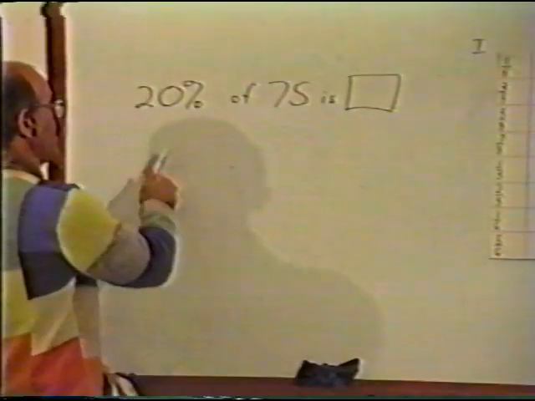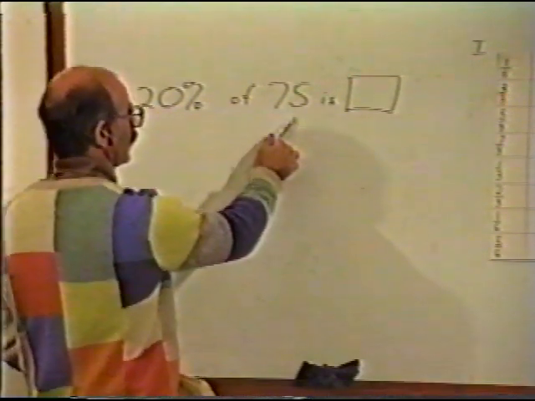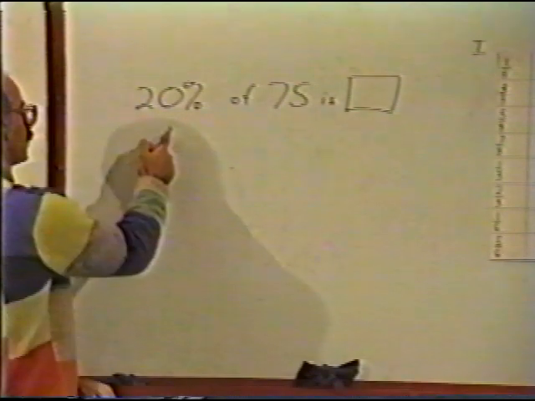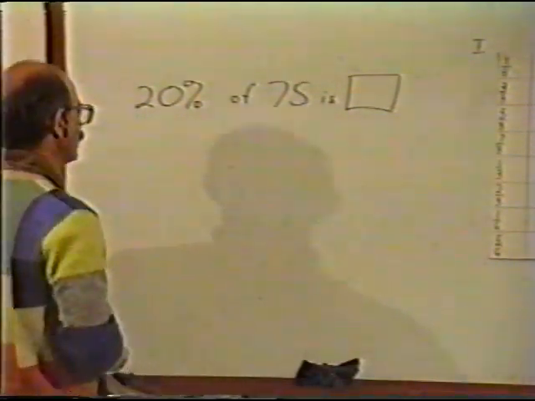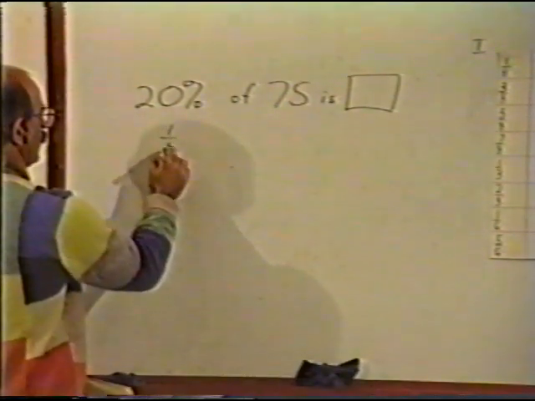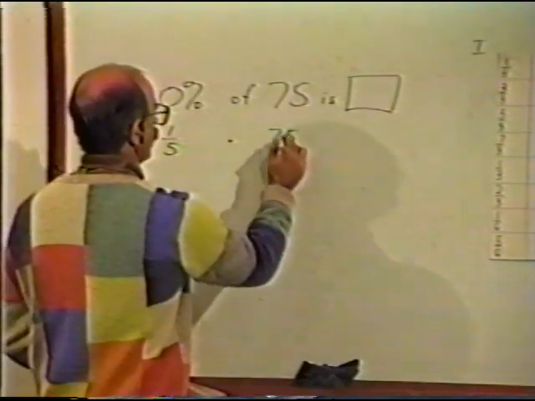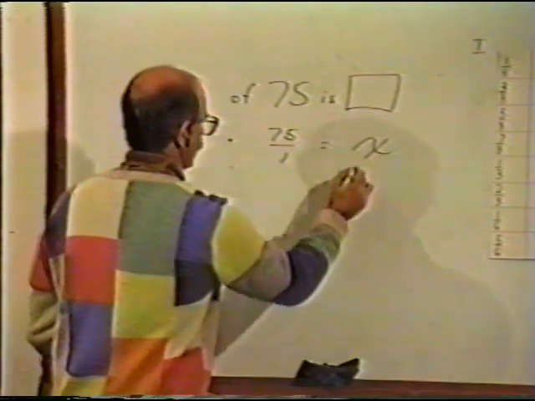You know the percent, you know the whole thing, you're looking for a part of the whole. What is 20% as a fraction in lowest terms? 1/5. 1/5 times 75 over 1 equals x.